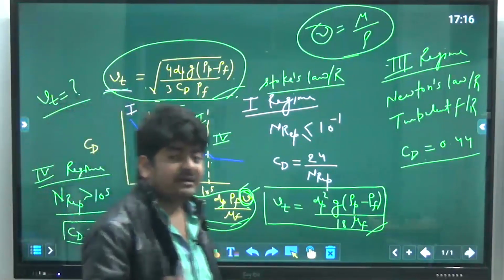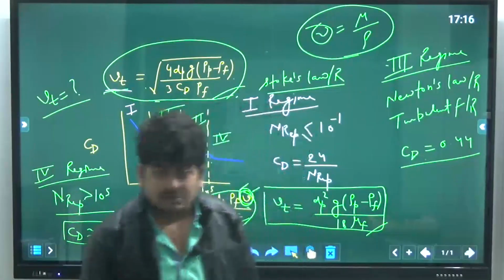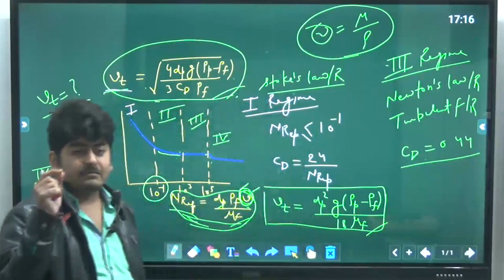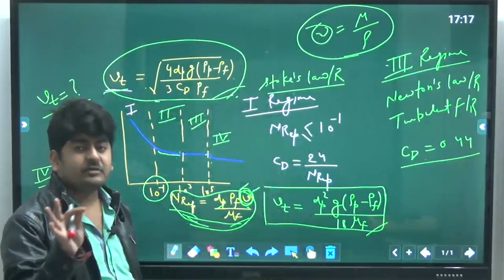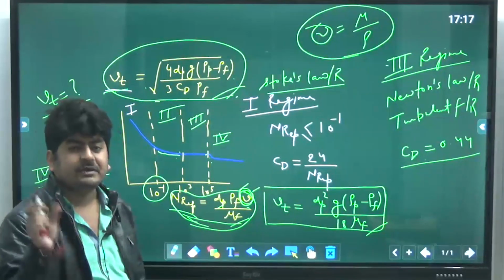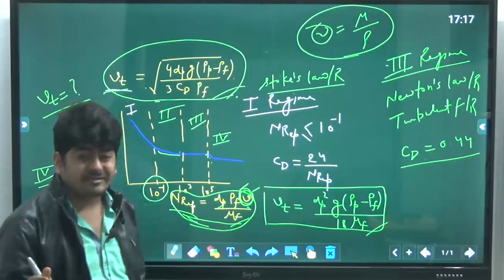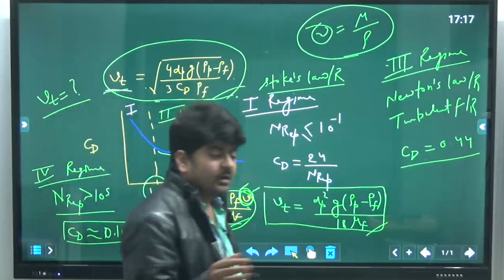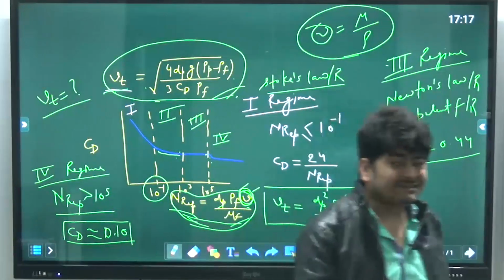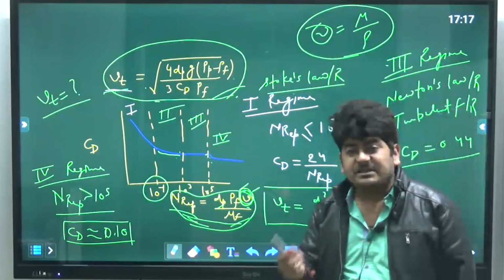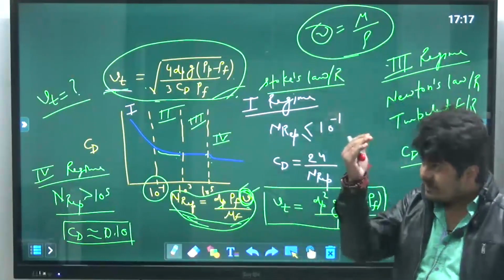Then by default you have to go for the Stokes-law regime. But there is a condition. You have to read the question statement and see whether the mixture is highly concentrated, because if it is, then obviously the Stokes-law regime will apply, since particles will settle with low velocity.